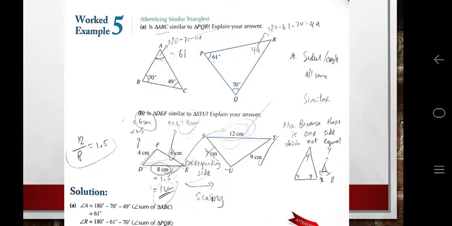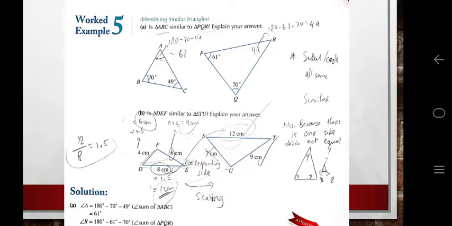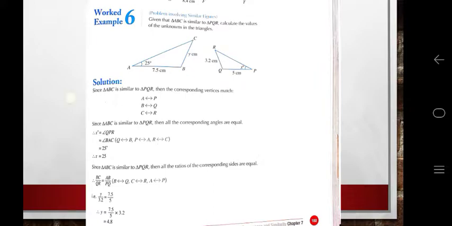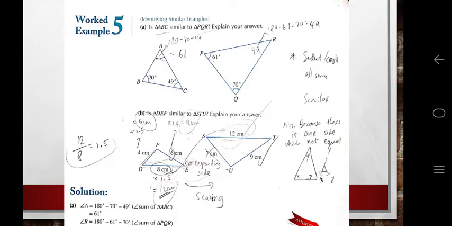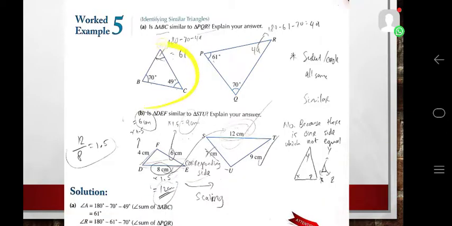Let me make a conclusion once again. You can either compare the angles or the ratios of the sides. I think you just need to do one of them, depending on what is given in the question.